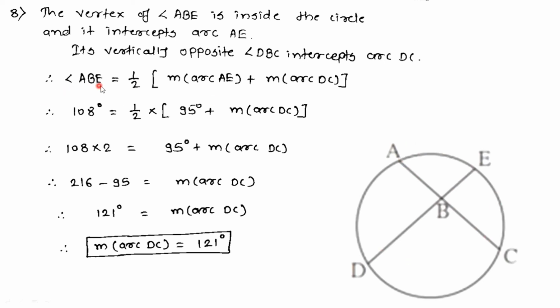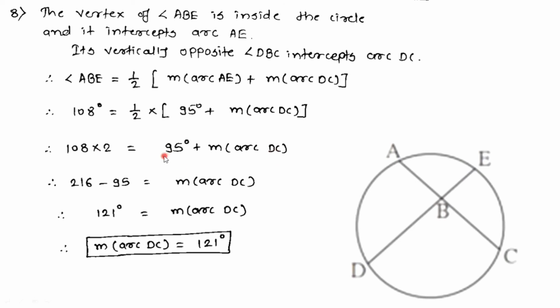Measure of angle ABE is given, so we'll replace that by 108 degrees, that is equal to 1 half into bracket, measure of arc AE is 95 degrees plus measure arc DC. So if we transfer 1 half to the left hand side, we will have 108 into 2, that is equal to, on the right hand side, 95 degrees plus measure arc DC.